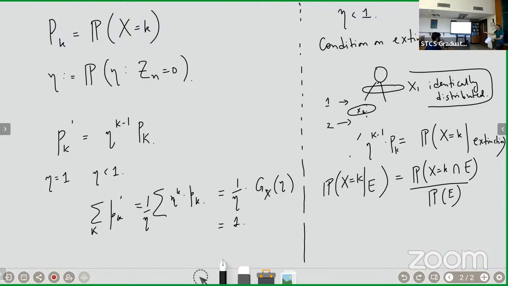So why don't you move it down? What is the probability that, given X is equal to k, times the probability of X equal to k?